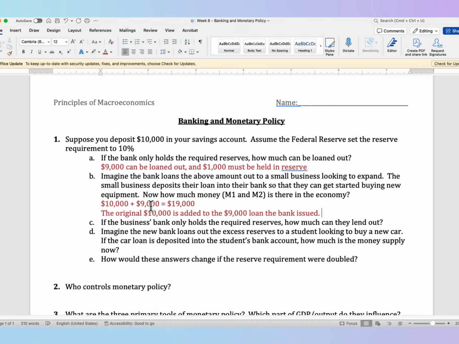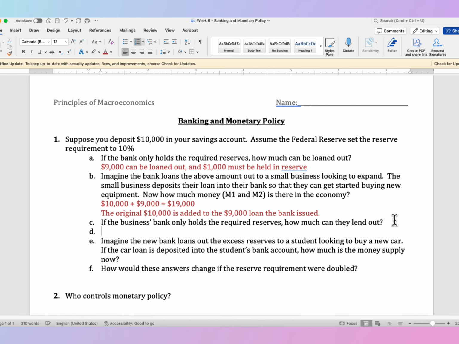But that extra $9,000 counts as part of the money supply because someone can deposit that. It can be loaned out again by the second bank. It can be used to buy things. It's money. It has to be paid back. But fractional reserve banking allows us to multiply money. The next question touches on that same idea.